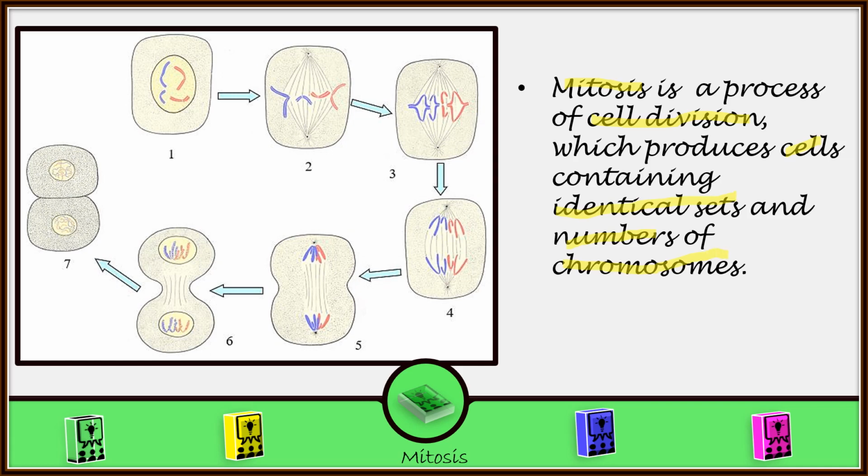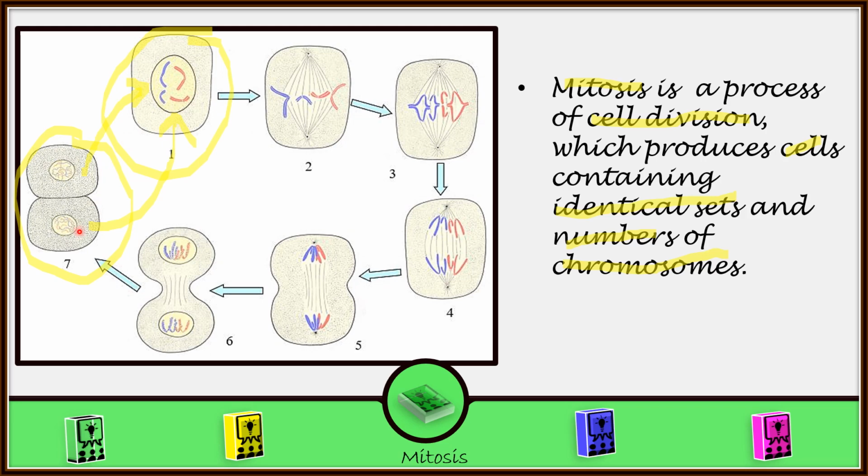So in mitosis, when the cell divides, we end up forming two cells, and each one will be identical with the old cell where they came from, having the same number of chromosomes and the identical chromosomes.